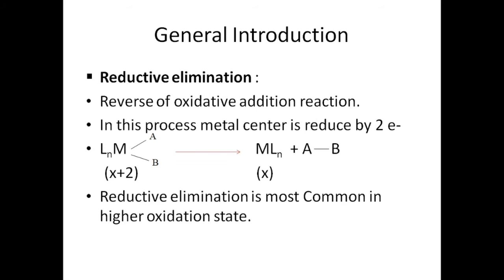So, a general introduction to reductive elimination. First of all, reductive elimination is the reverse of the oxidative addition reaction. It involves elimination of a molecule from a transition metal complex.